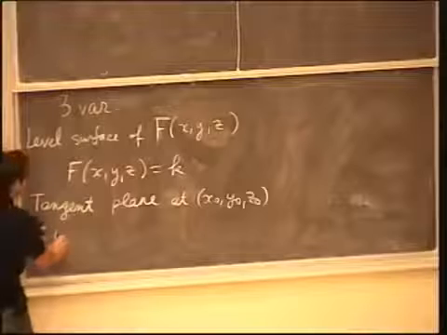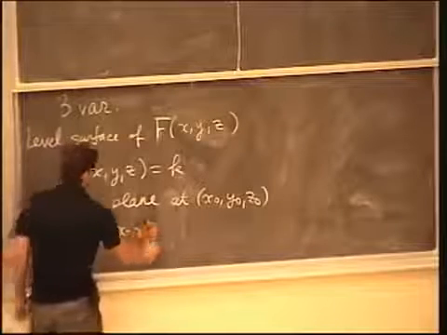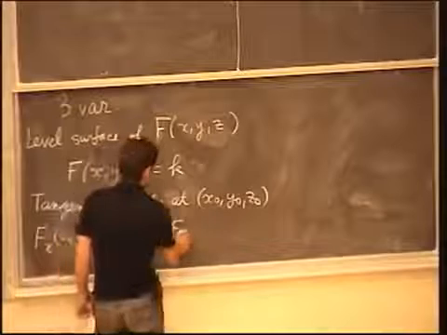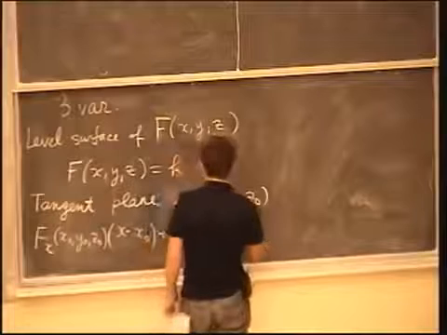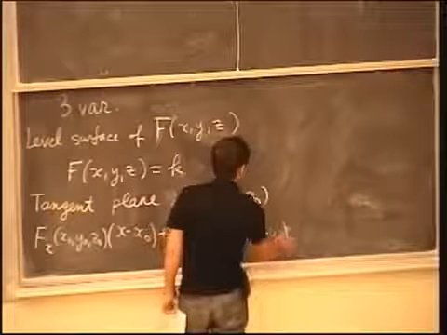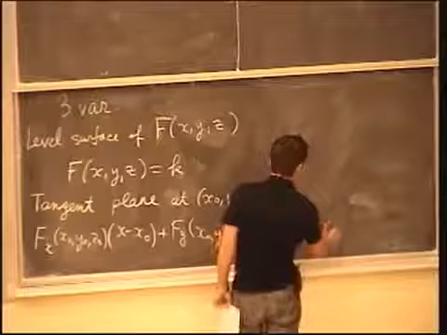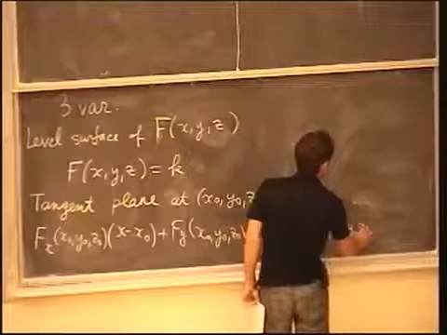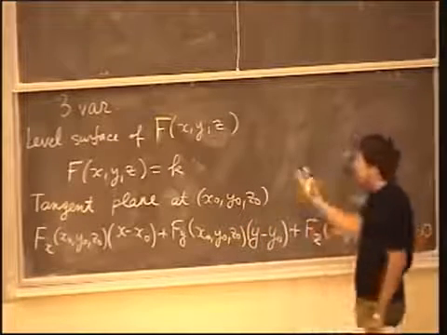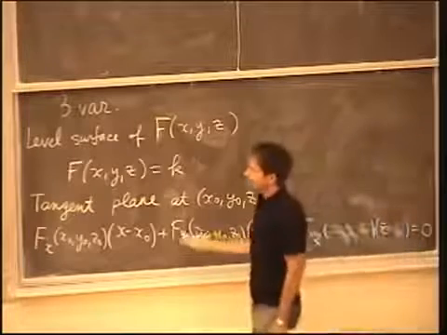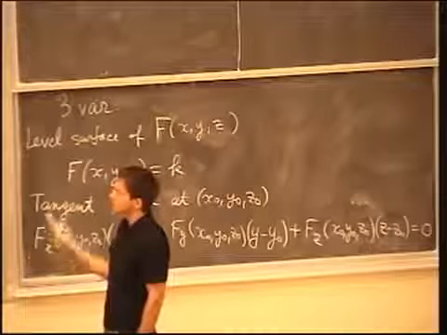You have to take the partial derivative with respect to x, multiply by (x minus x0), plus the partial derivative with respect to y, times (y minus y0), plus the partial derivative with respect to z now, also, times (z minus z0). You see. So the difference between the two-variable case and the three-variable case is that we now have an extra variable. So everything gets dimension one higher. Dimensions get bumped by one.